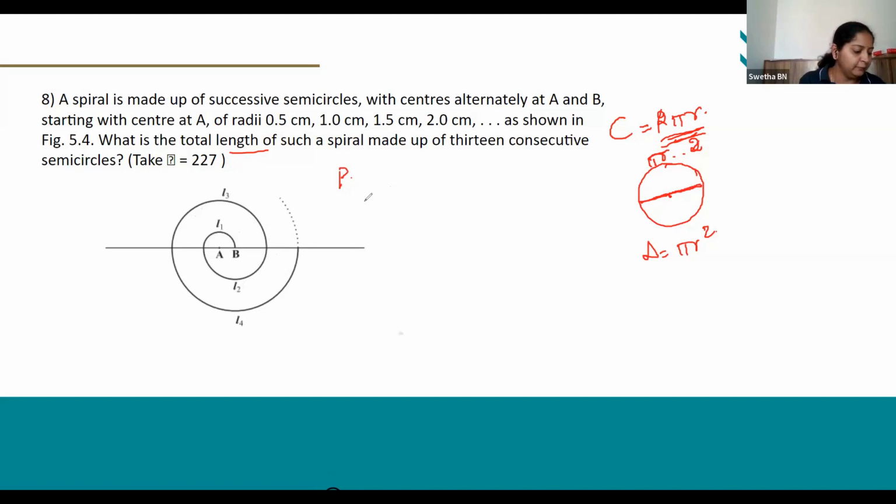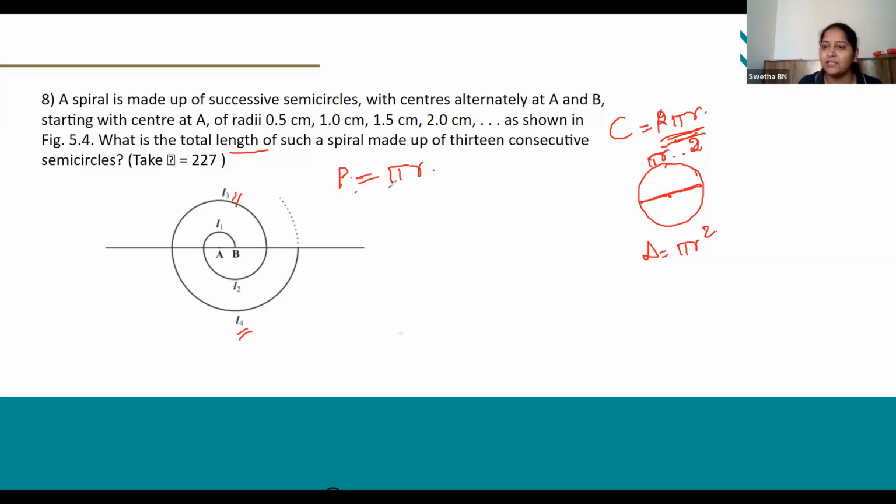So I will write here P is equal to pi r. Here they have taken L. Okay, total length, that's why they have taken L. L is nothing but length of the first semicircle, length of second semicircle, length of third semicircle, and this is length of fourth semicircle. You can take L or P, no problem.